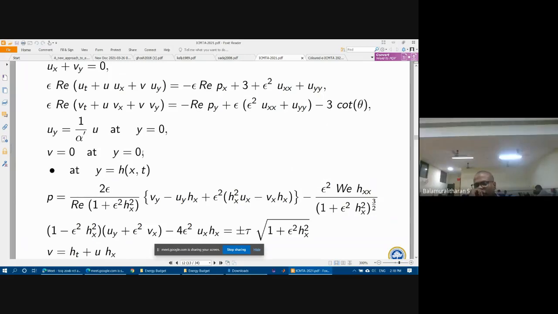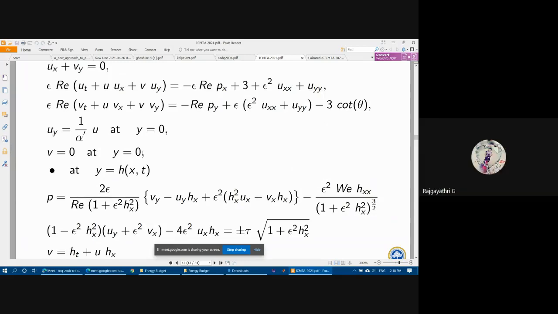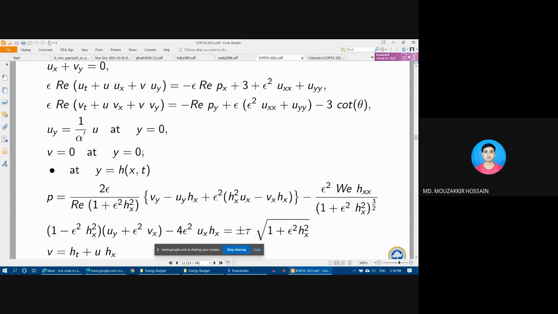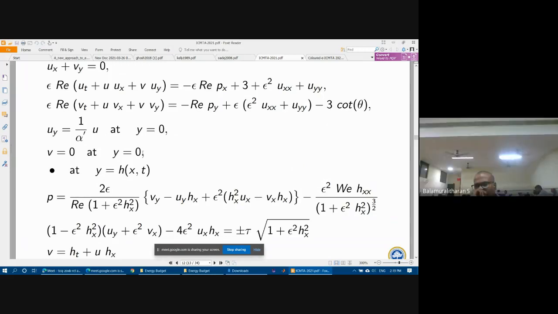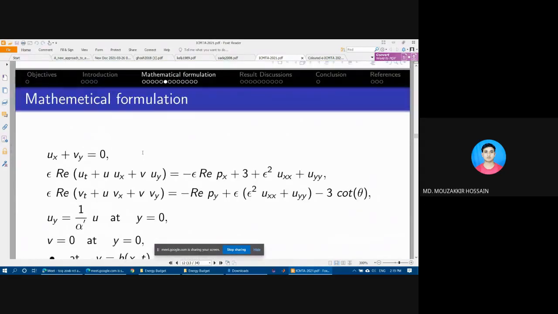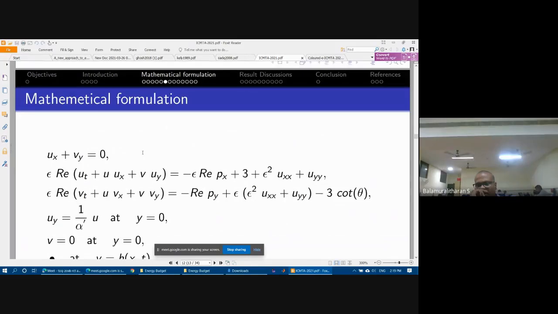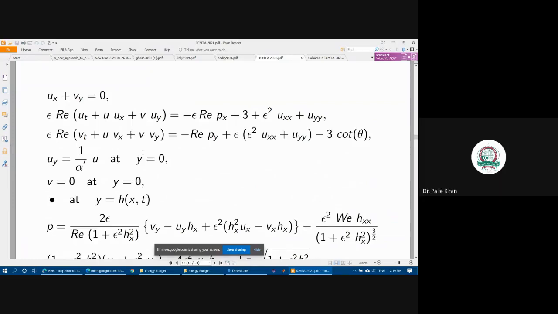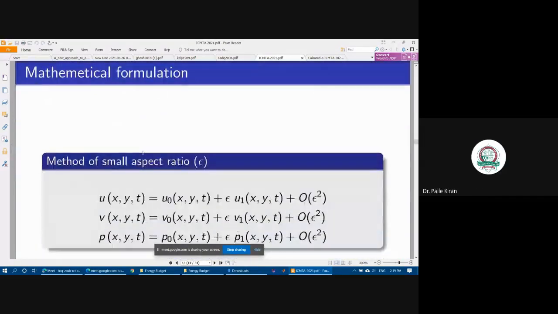Is there any power series solution? Power series method, sir? Sir, this is a kind of power series method, with respect to epsilon. Which analytical method is used? How do you solve your equations?